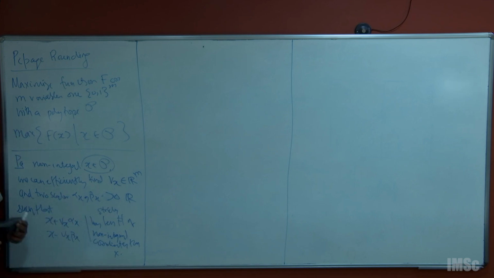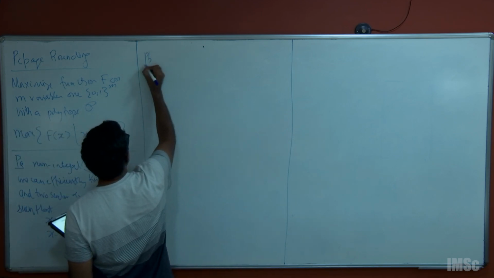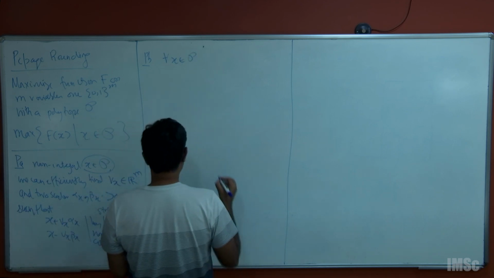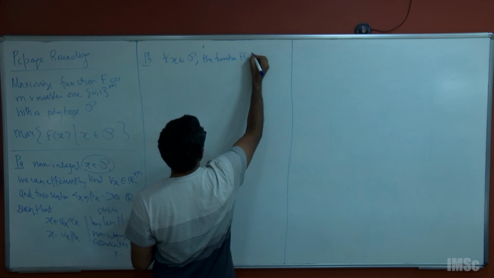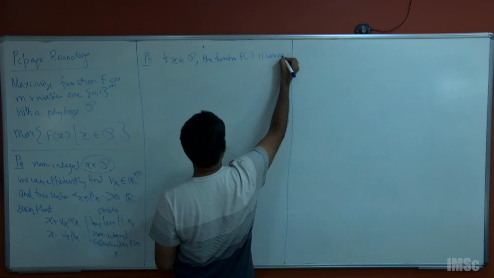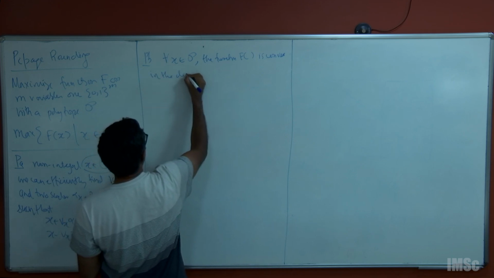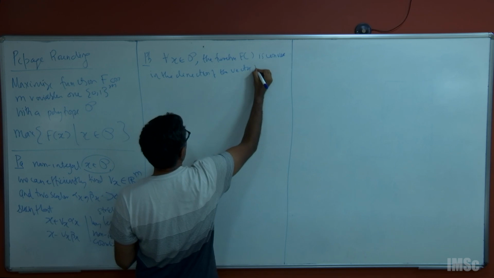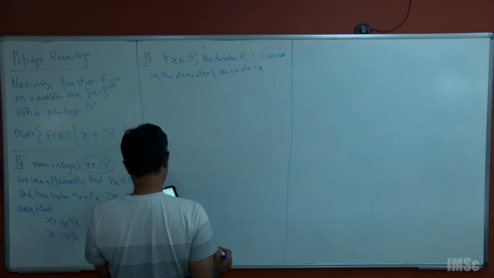And secondly, the property PB was that for all x in P, the function f is convex in the direction of the vector Vx.